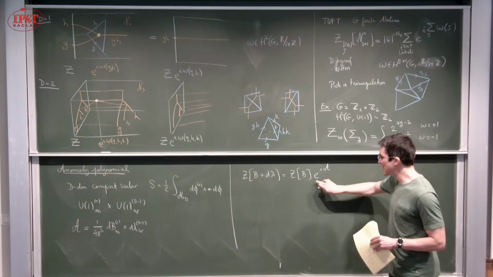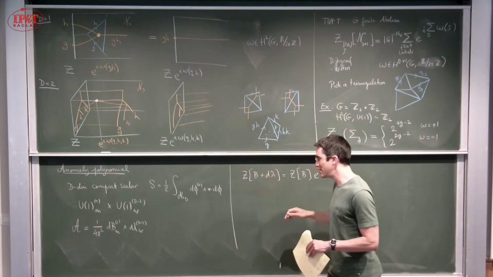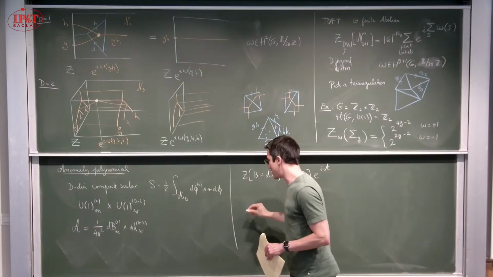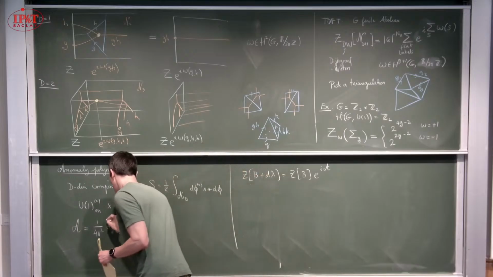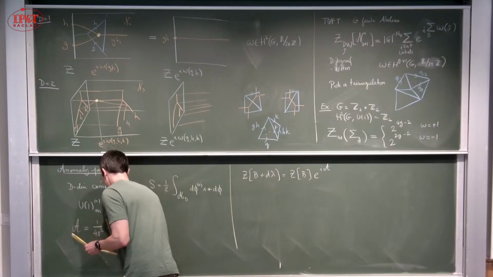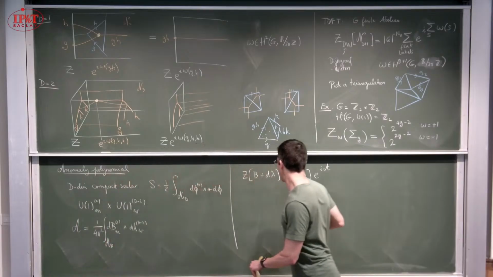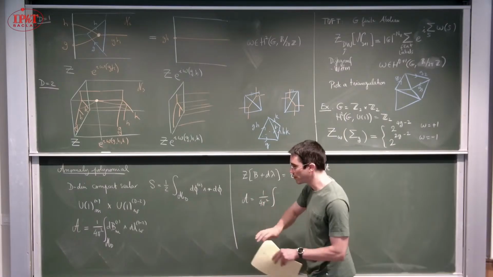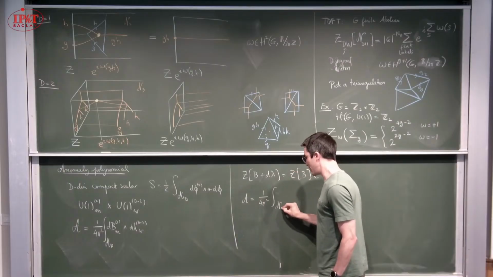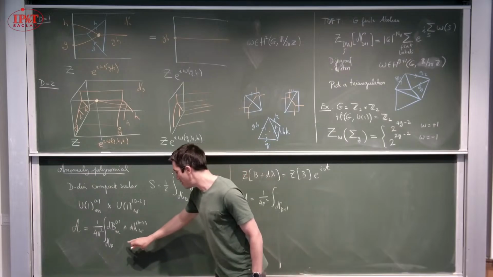And now, since I'm saying that this should be interpreted as a one higher dimensional action, I can easily write that A is an integral over the one higher dimensional thing, N, B plus 1, of something.